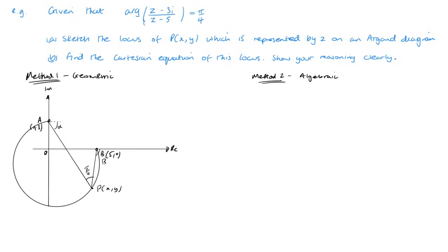Now you can solve it geometrically or algebraically, and geometrically I tend to find that if these two have a common X or a common Y value, then geometric is the way to go. So in this case, if both of these were on the Y axis or both were on the X axis, then it would be pretty straightforward, because we've got the center of the circle here, which will be pi by 2, double the angle.